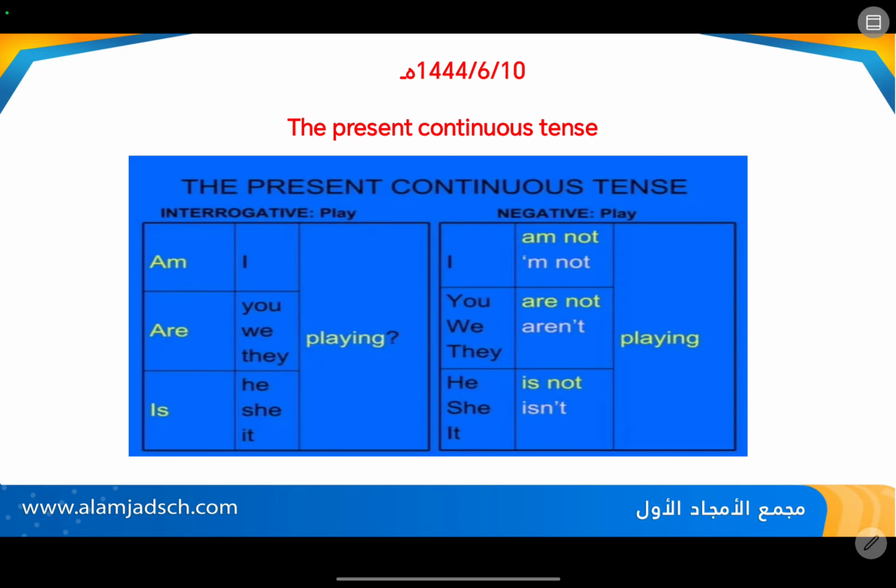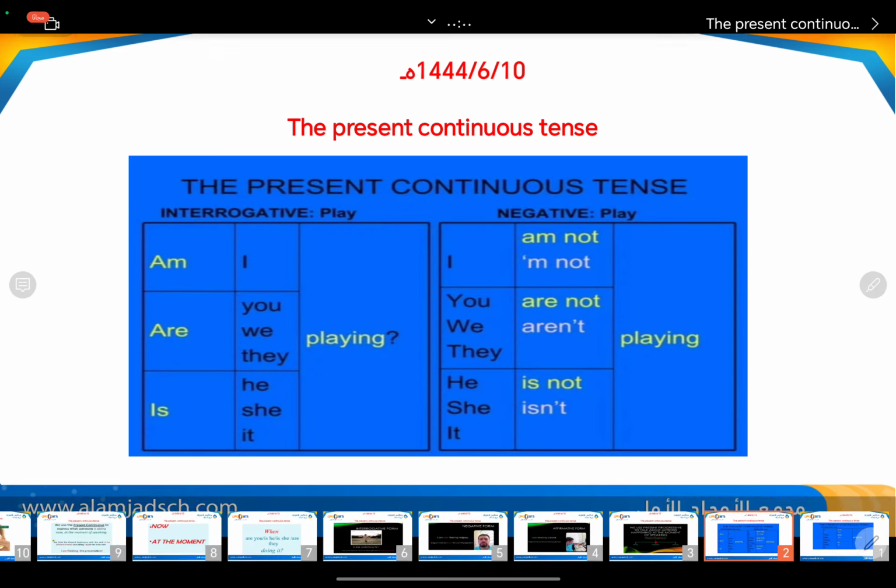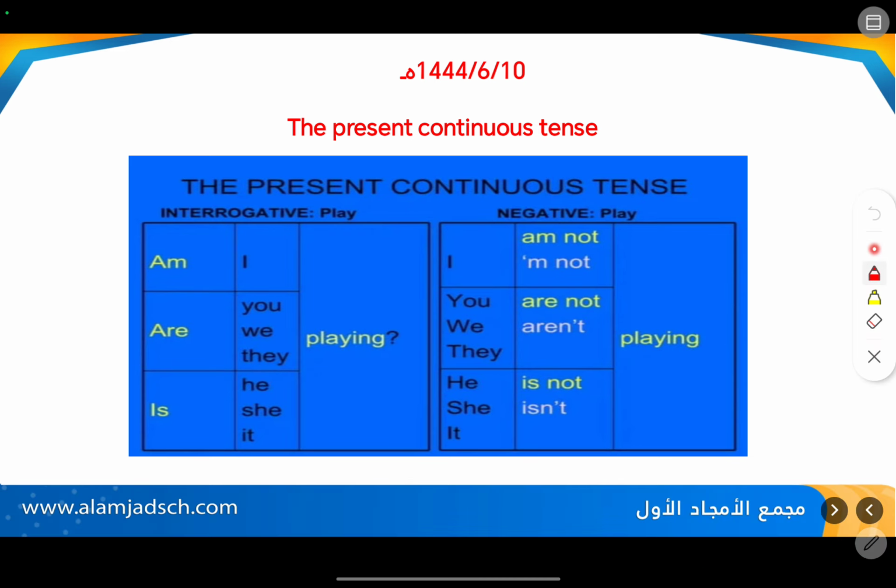What if I want to make a negative one, for example, or a question? To make a question, you have to start with the auxiliary verb. For example, starting with am, after that the subject pronoun I, instead of saying I am, so you have to ask using am I. And also are: when you use are, you add the auxiliary verb at the first, and then you have to add the subject pronouns.